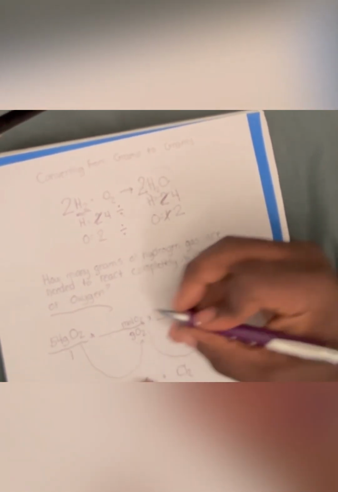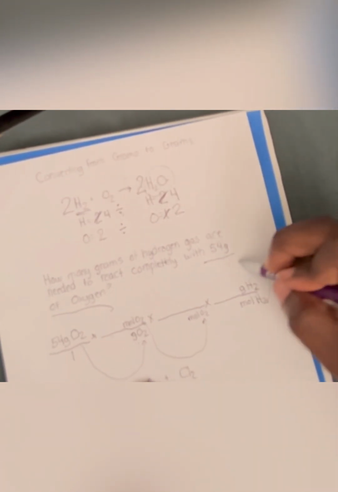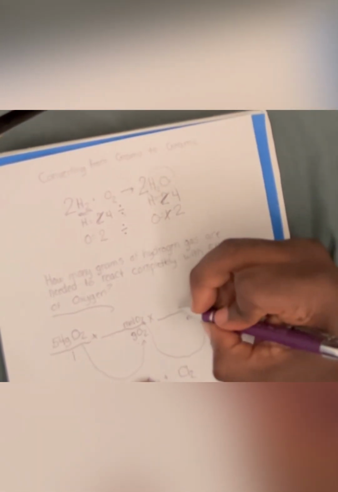So again, whatever goes on top goes on the bottom. So if I got moles of O2 right there, on the bottom over here, I'm going to have moles of O2. And if I have moles of H2 over here, up here, I'm going to have moles of H2.